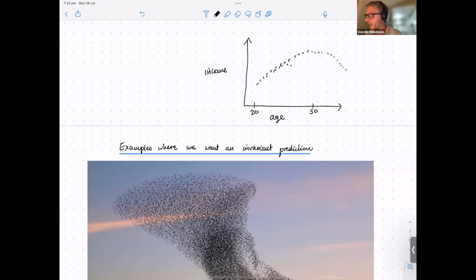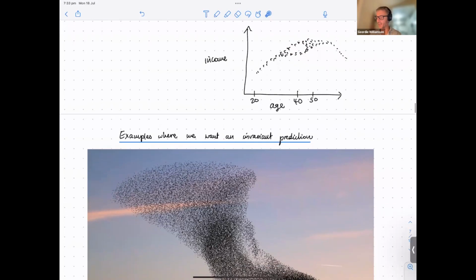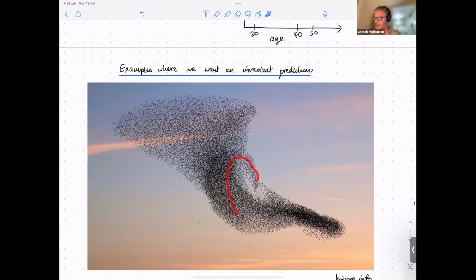But then there might actually be some interesting hole here. It might be the case that people of age 40 either earn a large amount or a small amount, but no one earns in the middle. That would be something interesting to observe in your data, and an example of a prediction that we might be interested in making. And just as in this bird flock, we have this kind of hole here, which might be interesting for various reasons.